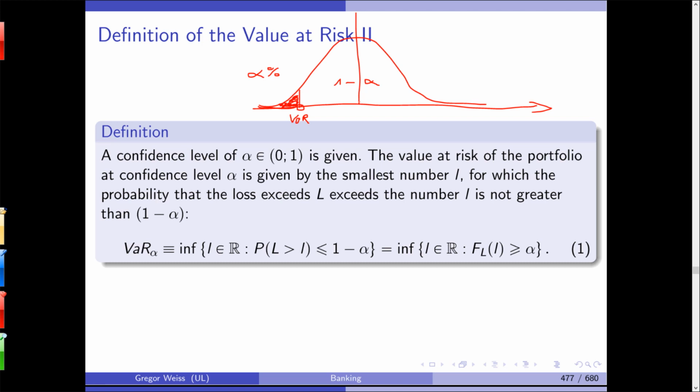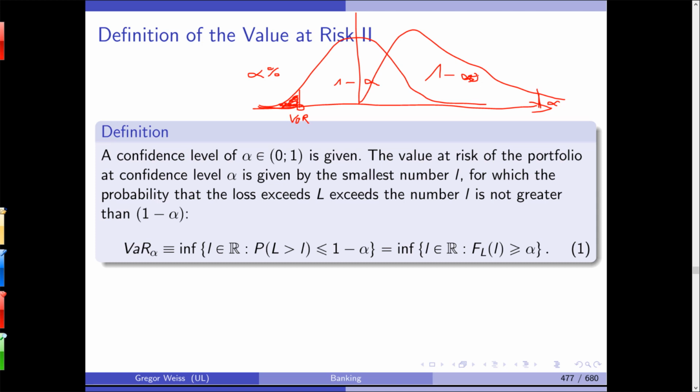And then, of course, the value at risk would be here, and you would have 1 minus alpha here and alpha here. It separates alpha and 1 minus alpha probability mass.